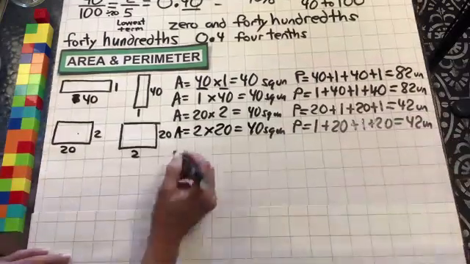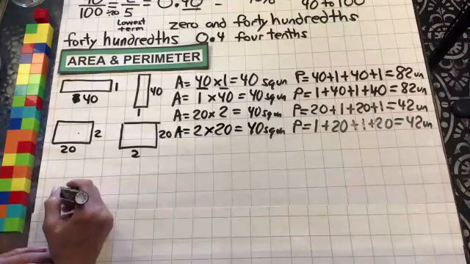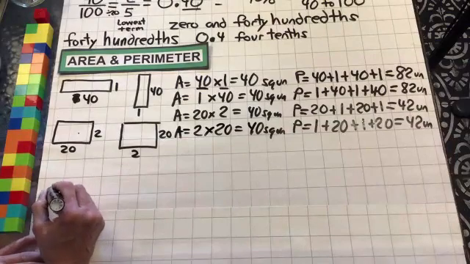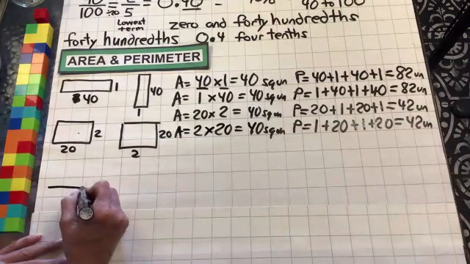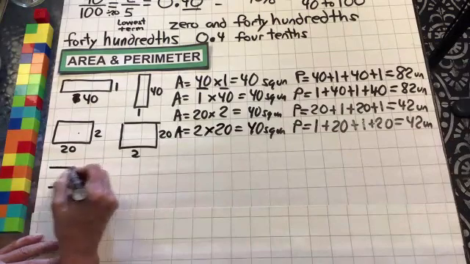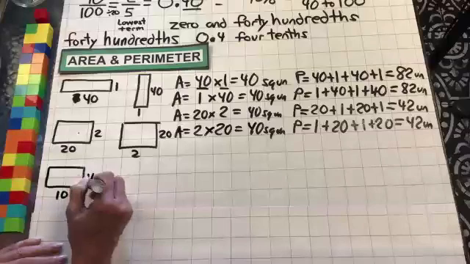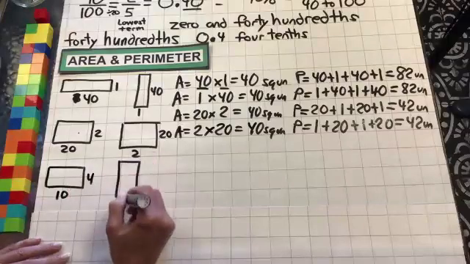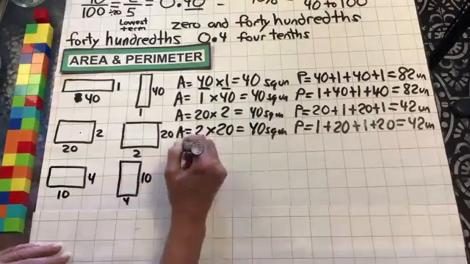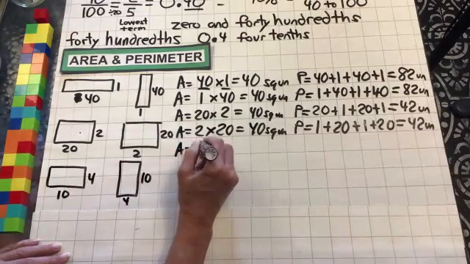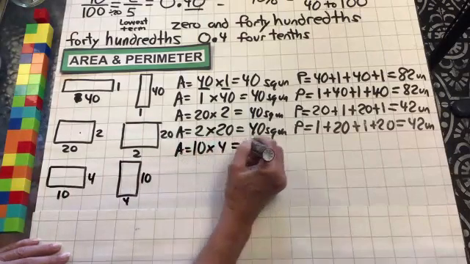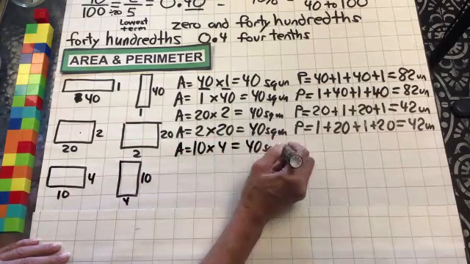All right, next, we're doing 4 by 10. So 10 across, 4 tall. Again, just draw a rectangle and represent it 10 by 4. And then this one's going to be a 4 by 10. We're going to write that out again. 10 times 4 equals 40 square units.